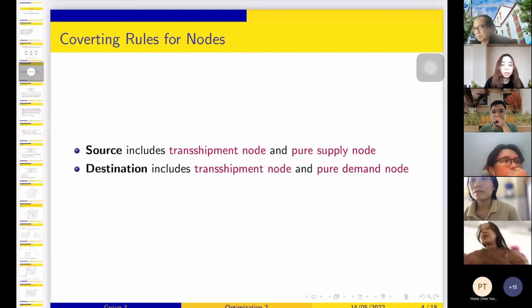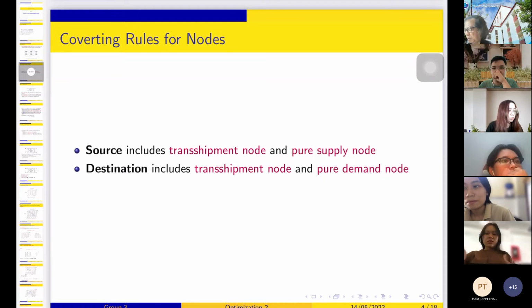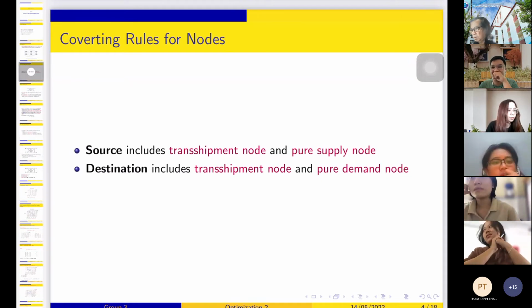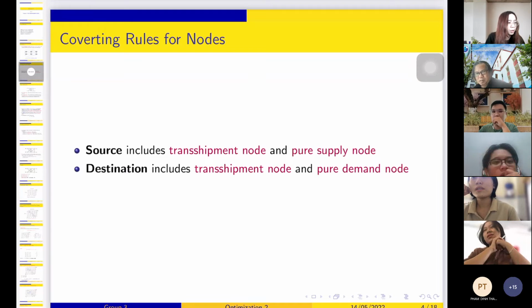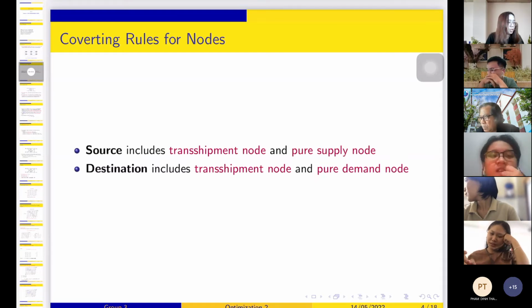It's double S teacher. Transship. Yes, double S. And the another one, how you read it? And per supply node. No. Pure supply node. It's a pure supply node. Pure. Yes. Yeah, I'm sorry. And destination include transshipment node and pure demand node.